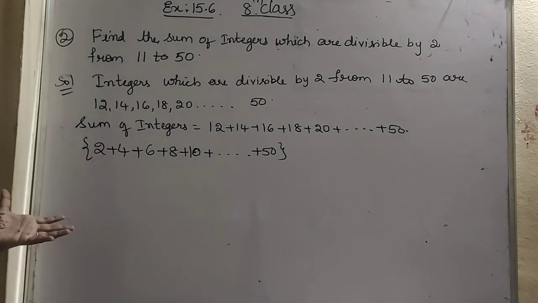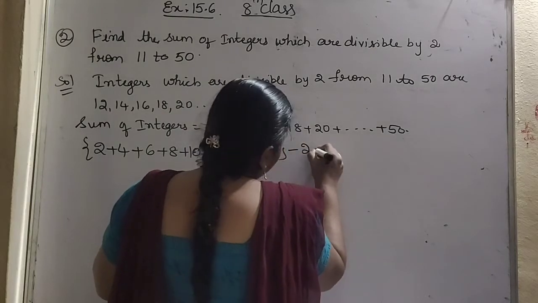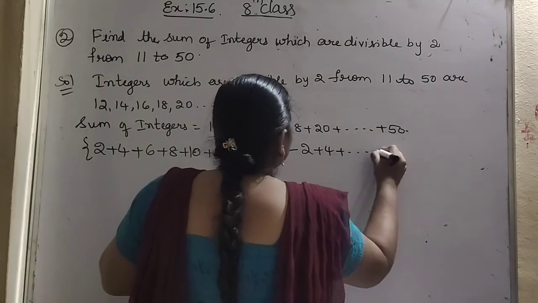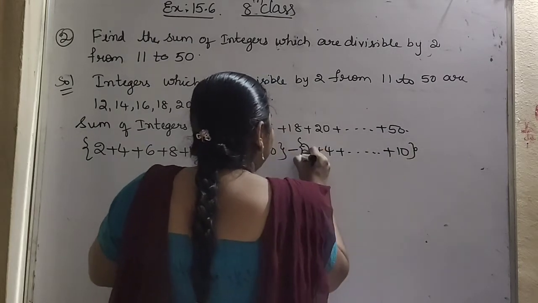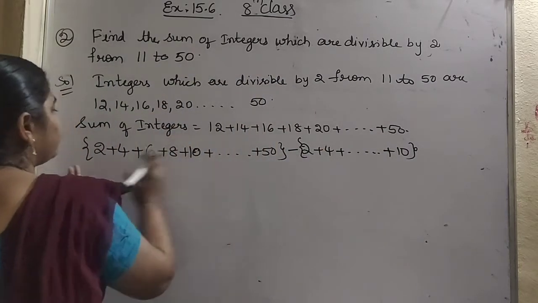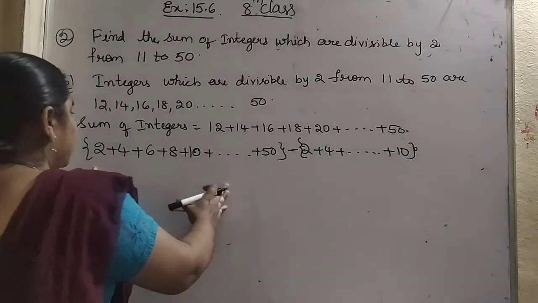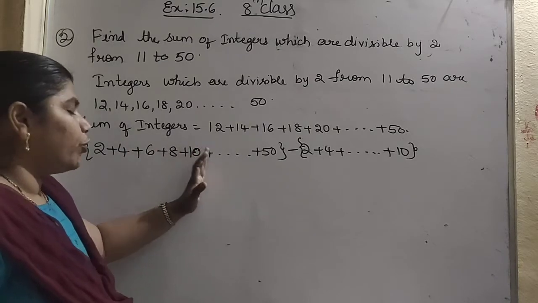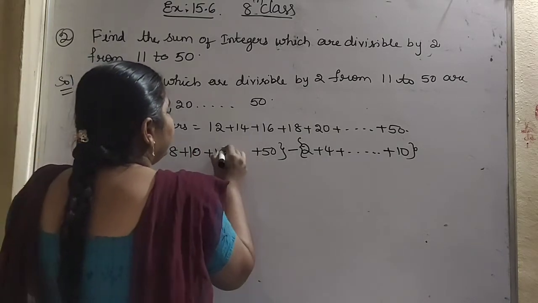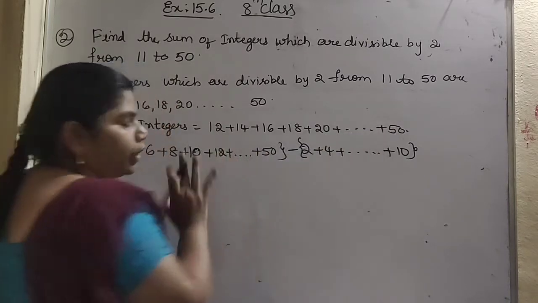I am subtracting the numbers from 2 till 10. From this whole set of 2 to 50 numbers which are divisible by 2, I am subtracting this 2, 4, 6, 8 up to 10. So what are the remaining numbers? The remaining numbers will be from 12 to 50 only.